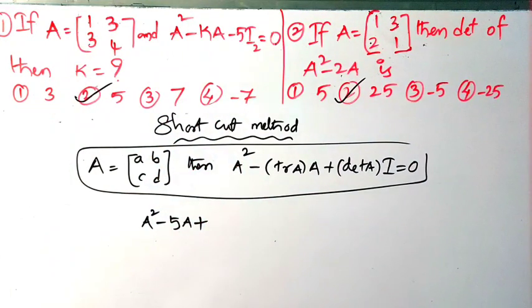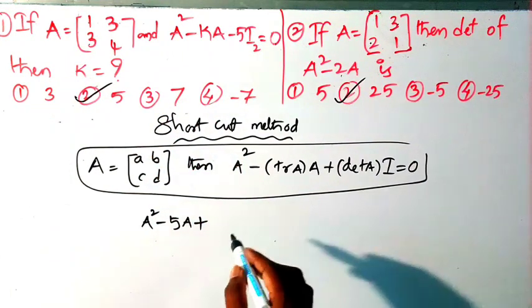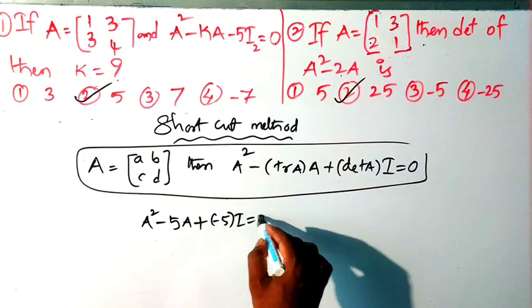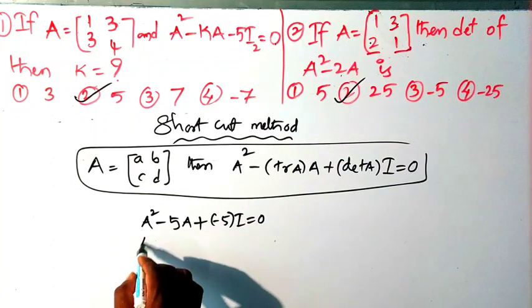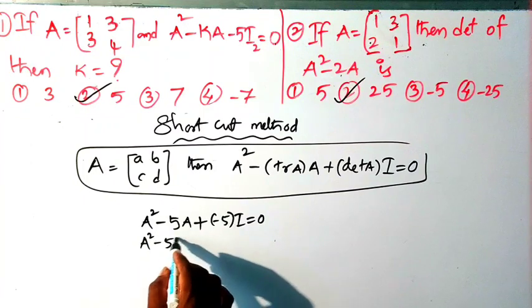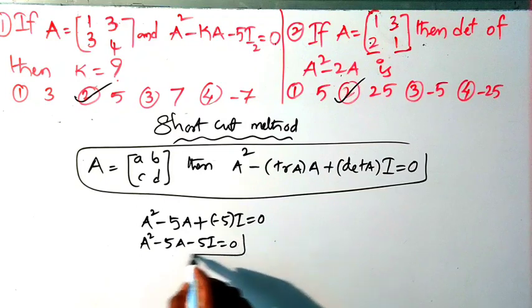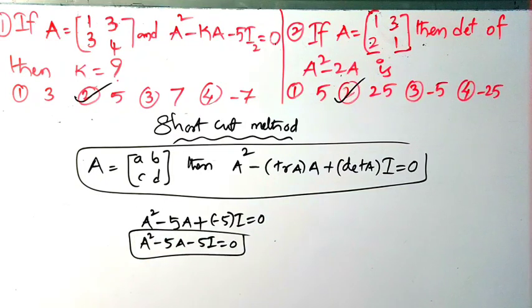So 4 minus 9 is nothing but minus 5. So minus 5 into I equals 0. So we get here A square minus 5A minus 5I equals 0. We get it. Clear?